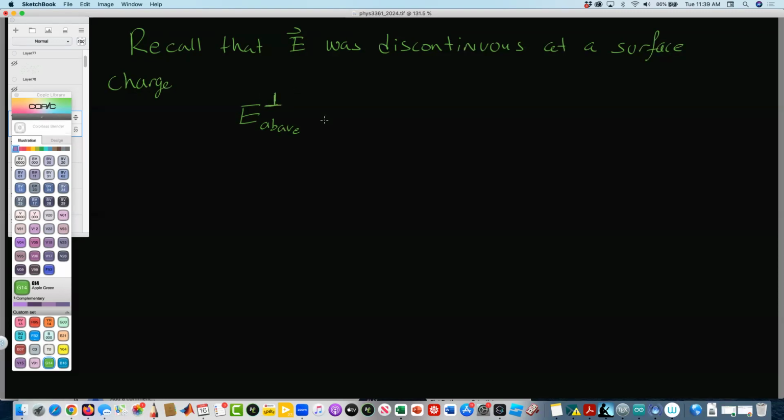The perpendicular component minus the below perpendicular component of E, perpendicular to the surface, is this discontinuous thing, right? So it's proportional to the surface charge, 1 over epsilon naught surface charge. But the parallel components were not discontinuous. So parallel to the surface, they're equal. The E's parallel to the surface were equal. We really should have vector signs, but okay.